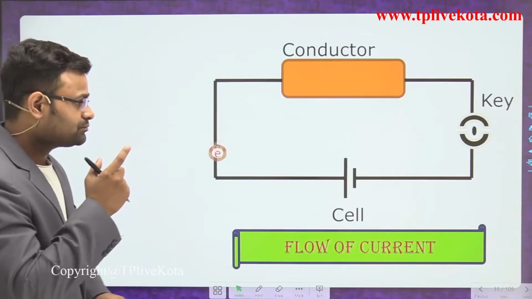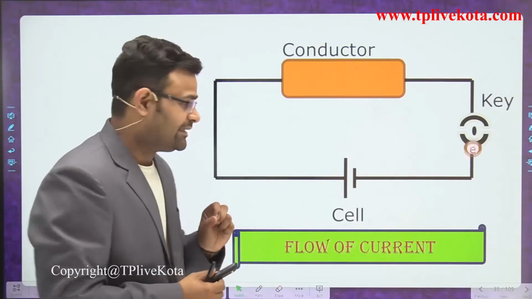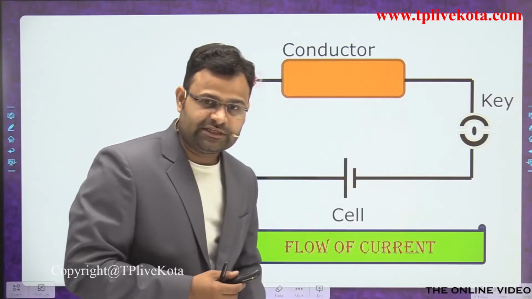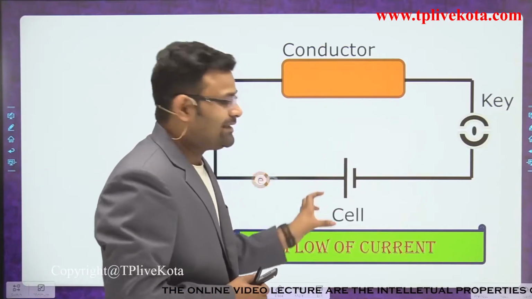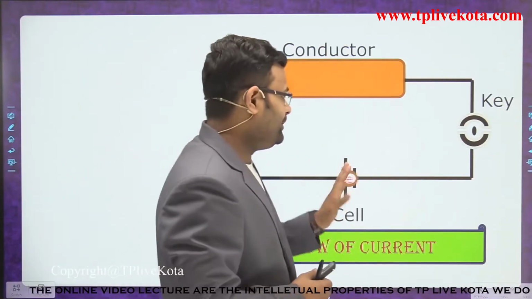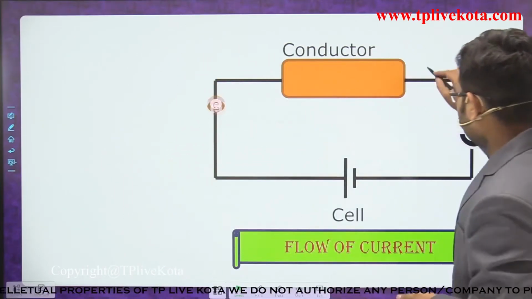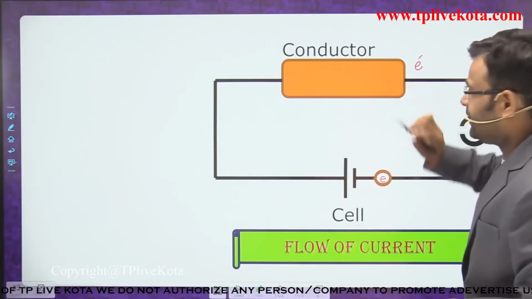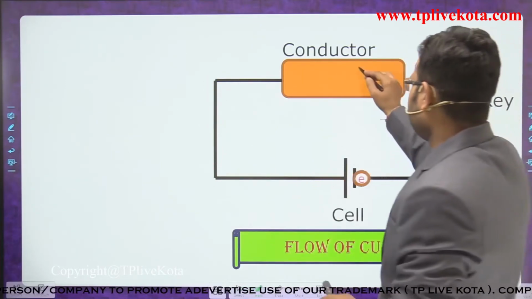So due to that, what happens in that circuit when we apply a potential across that conductor? Electrons will come here, and free electrons are already available in that conductor.